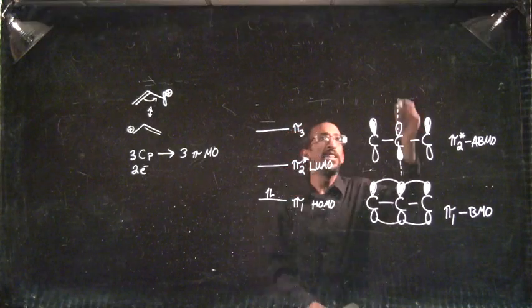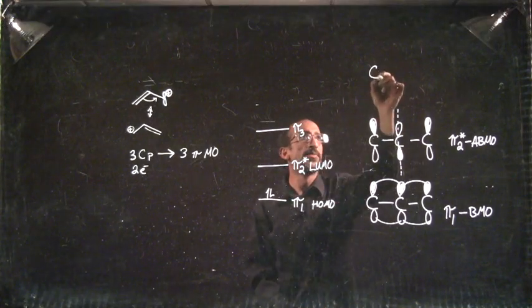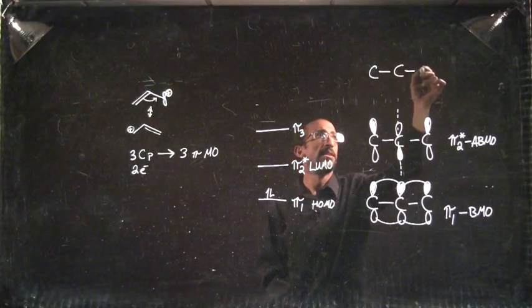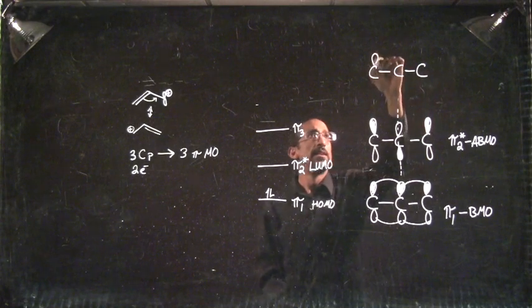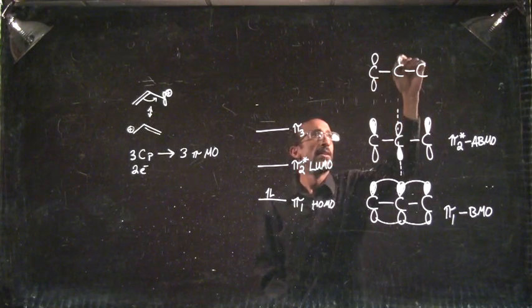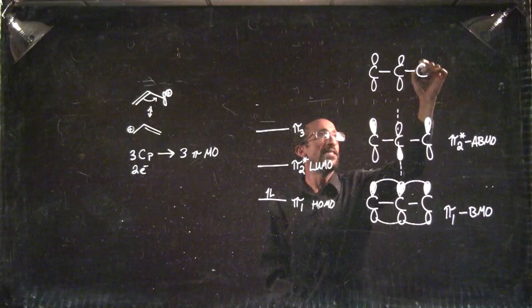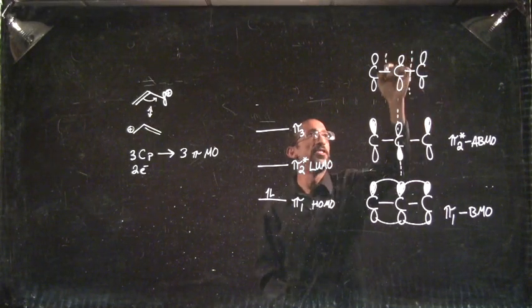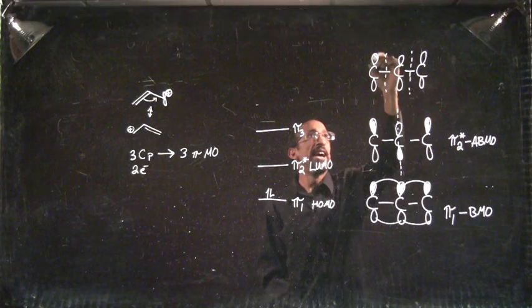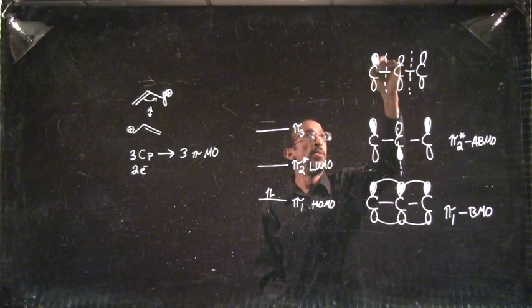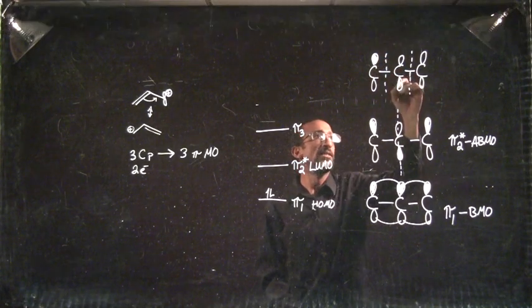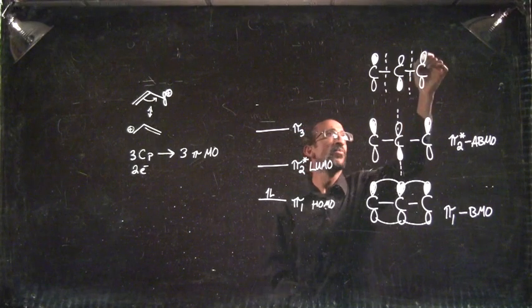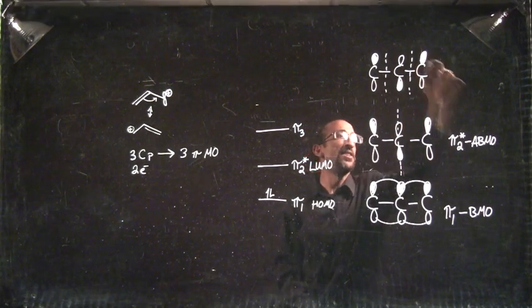Finally, for pi 3, I'm going to need to have two nodes. This time, however, I can place one node between each of the carbon atoms. Again, I'm going to have no bonding interactions whatsoever. My shading can remain constant.